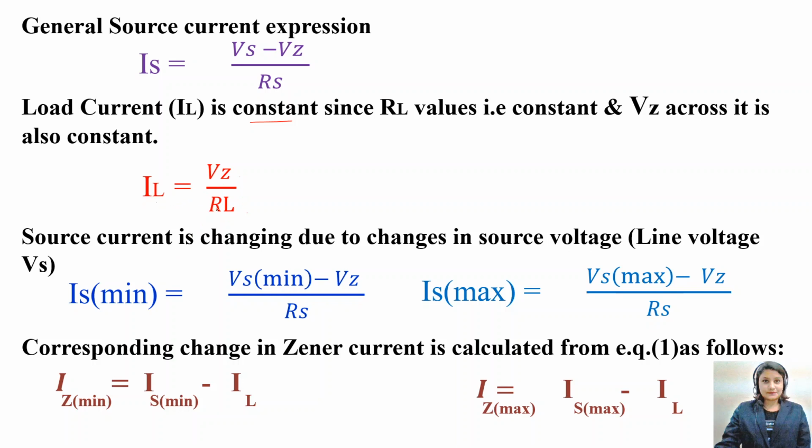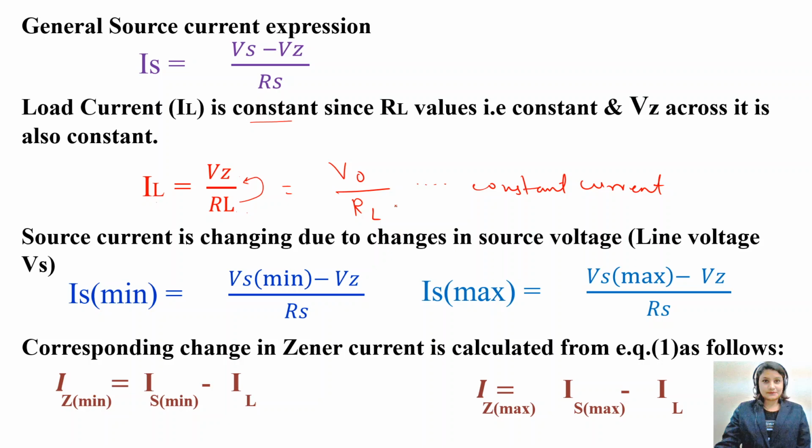The IL flows through RL, and across RL we have the voltage VZ. So you can also write the load current as IL equals VO divided by RL. Both are the same. And this current you can find as a constant current, constant current in line regulation only.